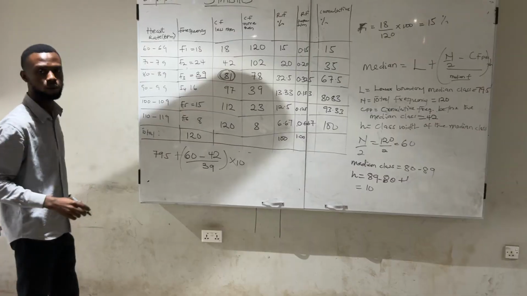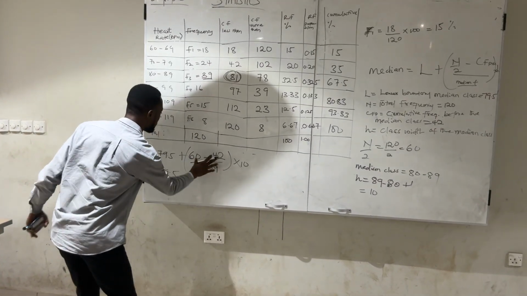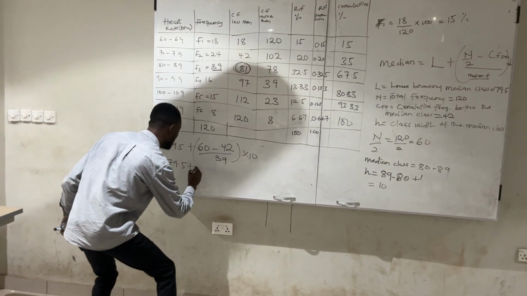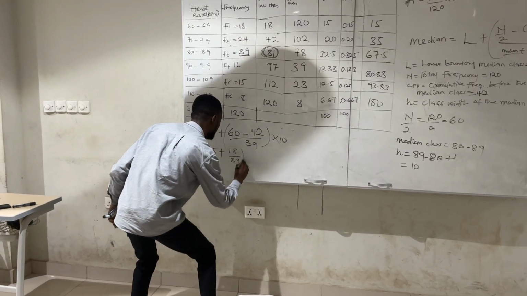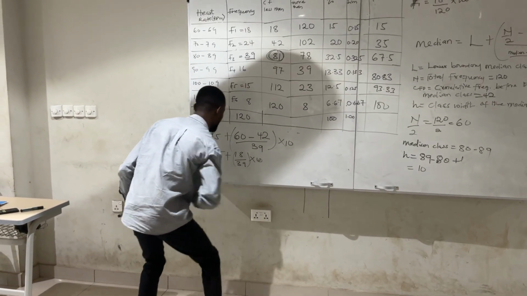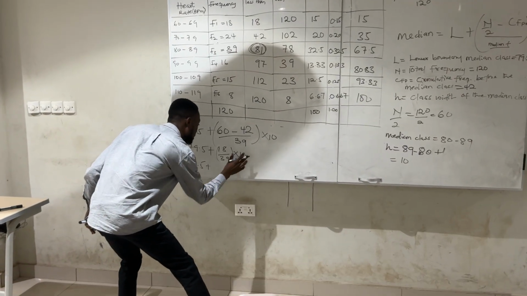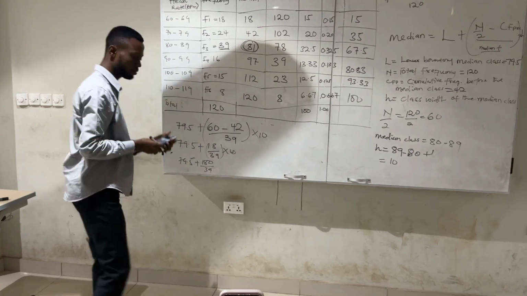So with this, 79.5 plus, you subtract this one, you get 18 over 39 times 10. It can also be 79.5 plus 180 over 39.